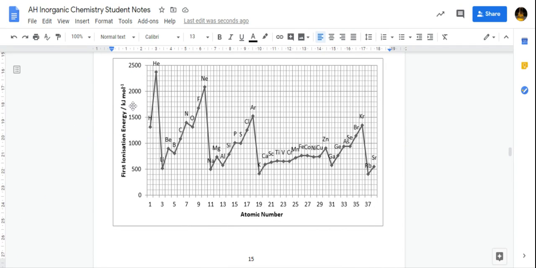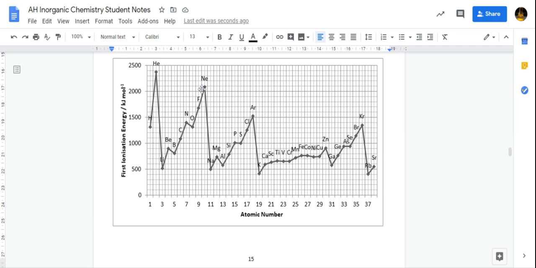We should know, hopefully, that ionization energy increases across a period due to the increased nuclear charge. The outer electrons experience a greater attractive force from the nucleus, and that's why it increases across a period. We also know that ionization energy decreases down a group, because the outer electrons are further from the nucleus, and they experience a shielding effect from the inner shells.